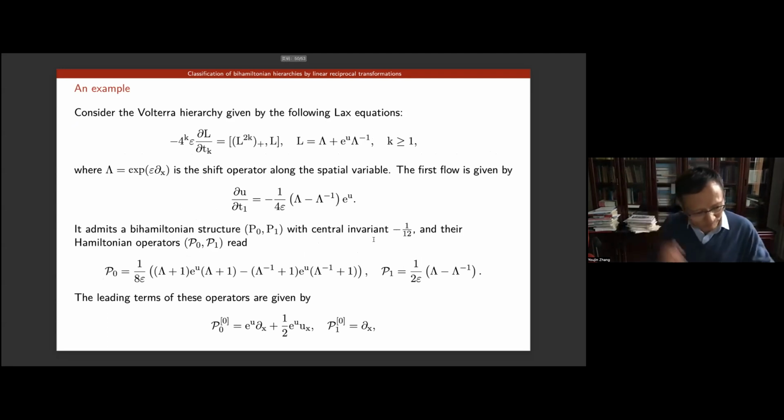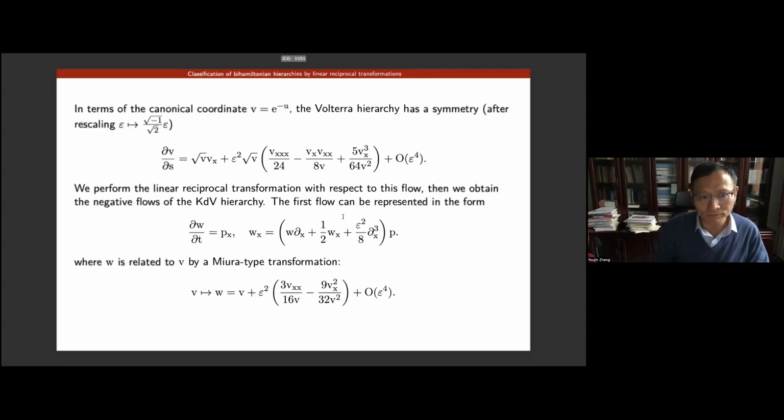Because my time has already exceeded the 10 minutes, I will very briefly explain the example. I consider the Volterra hierarchy and its relation to the negative flow of the KdV hierarchy. These can be related by a linear reciprocal transformation. This is the Volterra equation. It has a bihamiltonian structure, and we pick some flows or symmetries of this hierarchy.